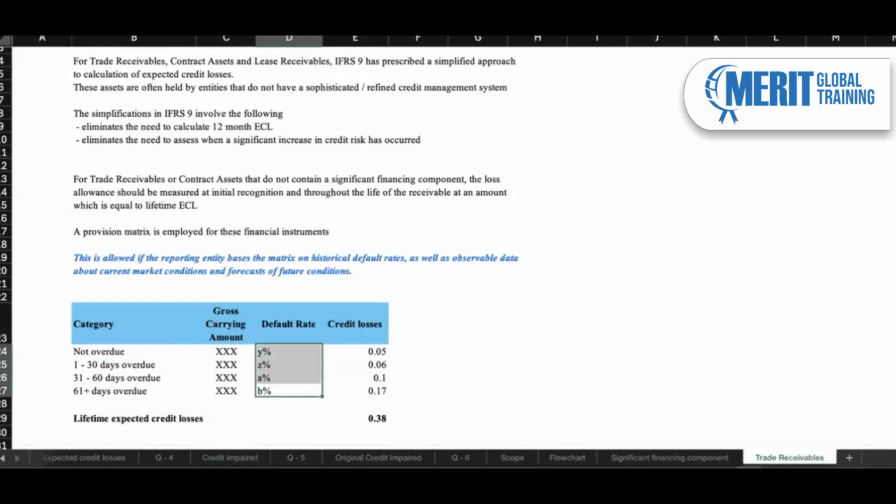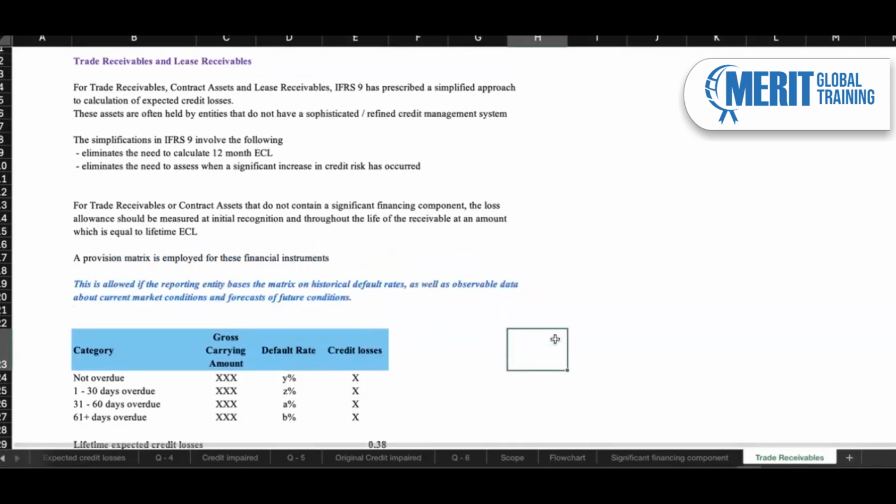I mean, just any number, and then you will get the expected credit loss. That should be the calculation specifically for trade receivables and lease receivables that do not have a significant financing component. So there, the simplified approach in ECL is allowed.